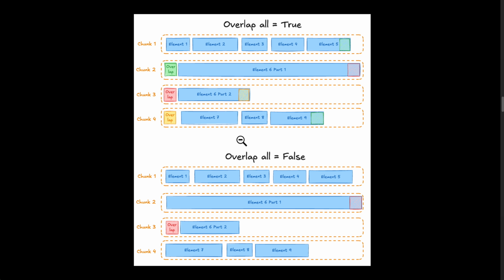We will always overlap a portion of the last element in the chunk and prepend it at the beginning of the next chunk. As you can see, in chunk 1, element 5, a portion is copied from that element into the overlap at the beginning of chunk 2.